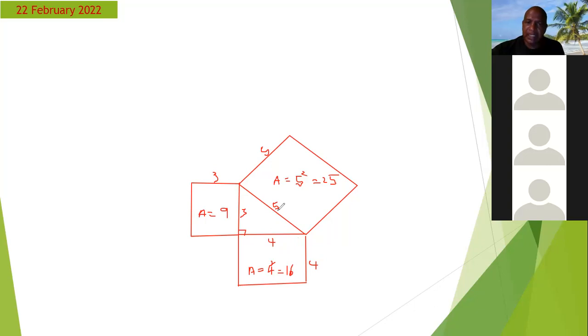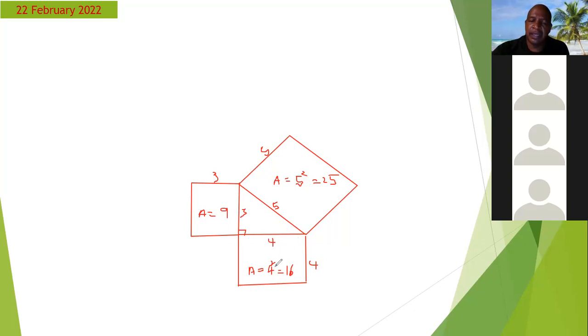So what he realized is that if you square the length of the longest side, forming a square and finding the area of it, you get 25 square units. And the same thing for the base.